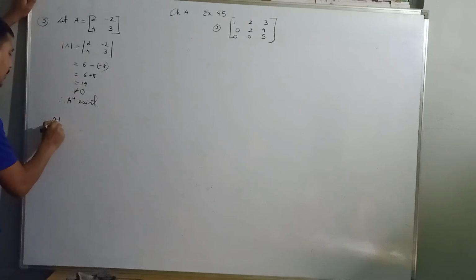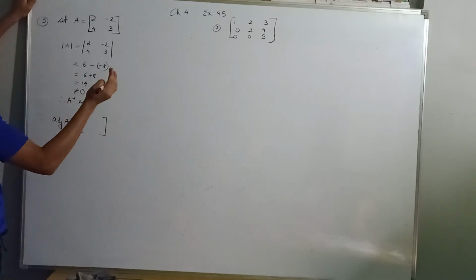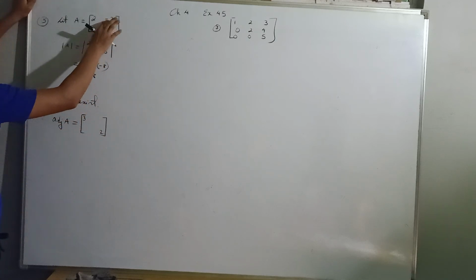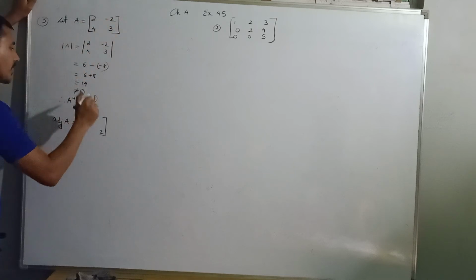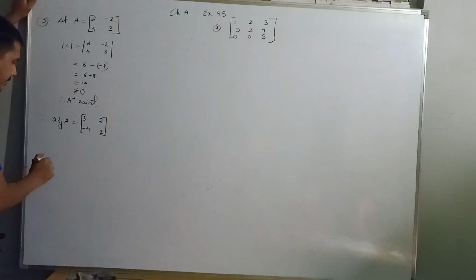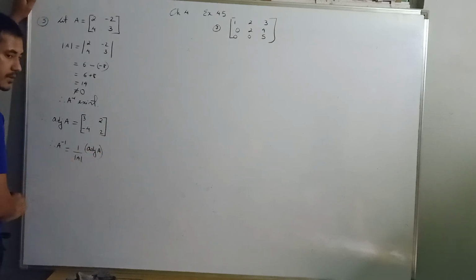So let me simply find out the adjoint of A. Finding adjoint of a matrix of order 2 is very simple. Just exchange the diagonal elements now and write the additive inverse of anti-diagonal elements. Is it correct? Therefore, A inverse will be adjoint of A divided by determinant of A. Can I write like this? No?